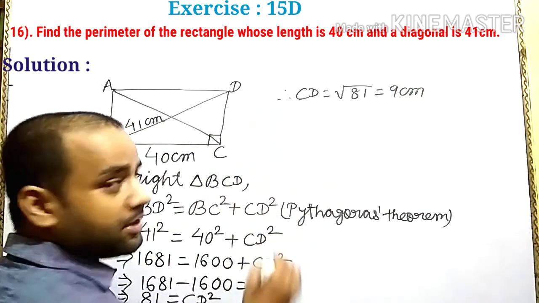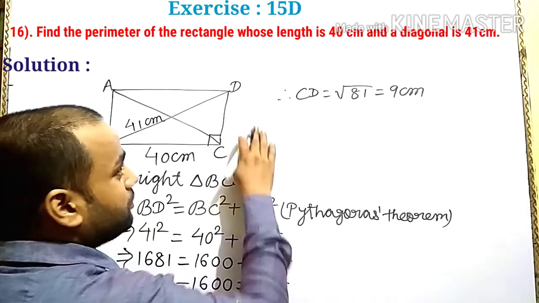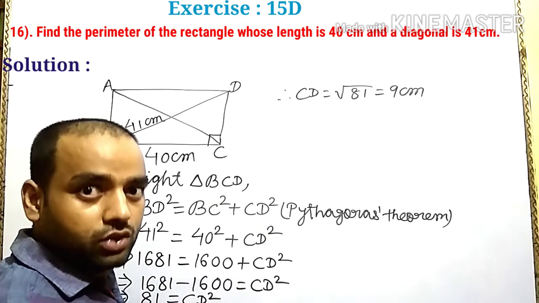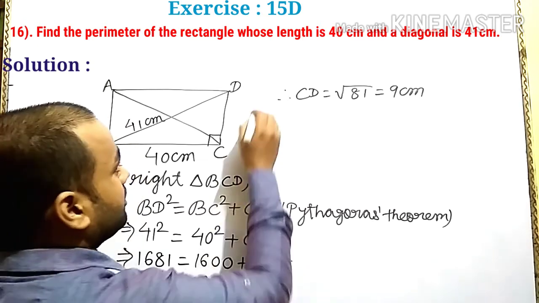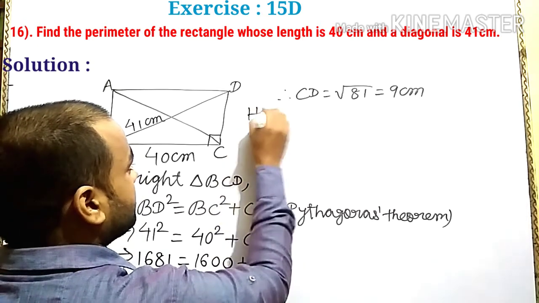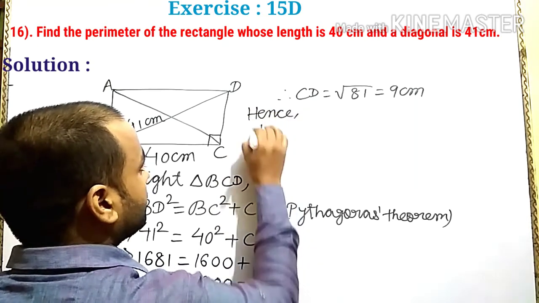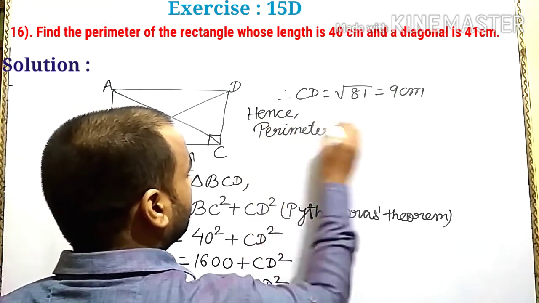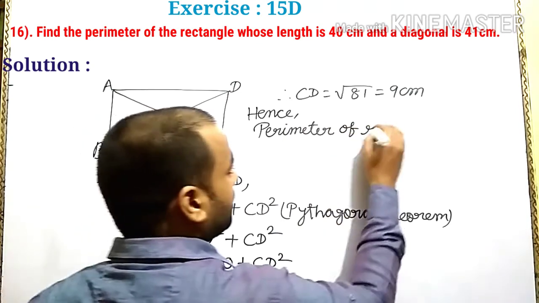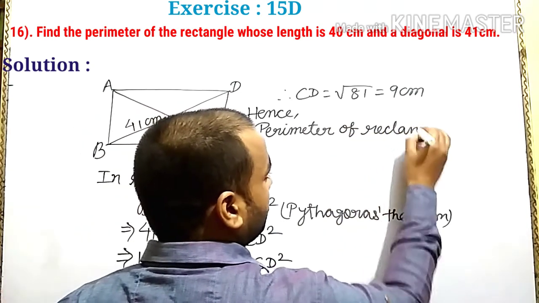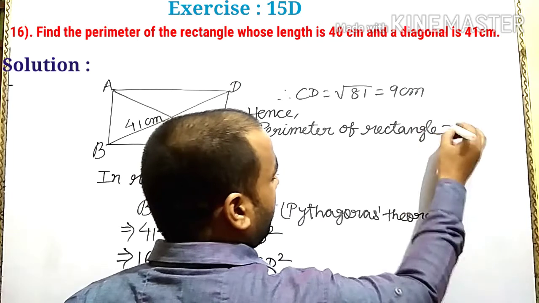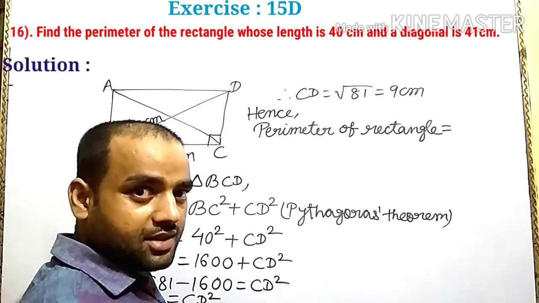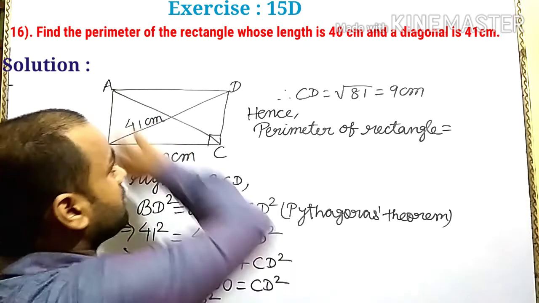So find the perimeter of the rectangle. We know that the perimeter of a rectangle is equal to 2 into length plus breadth, or the basic definition of perimeter, the sum of all sides.